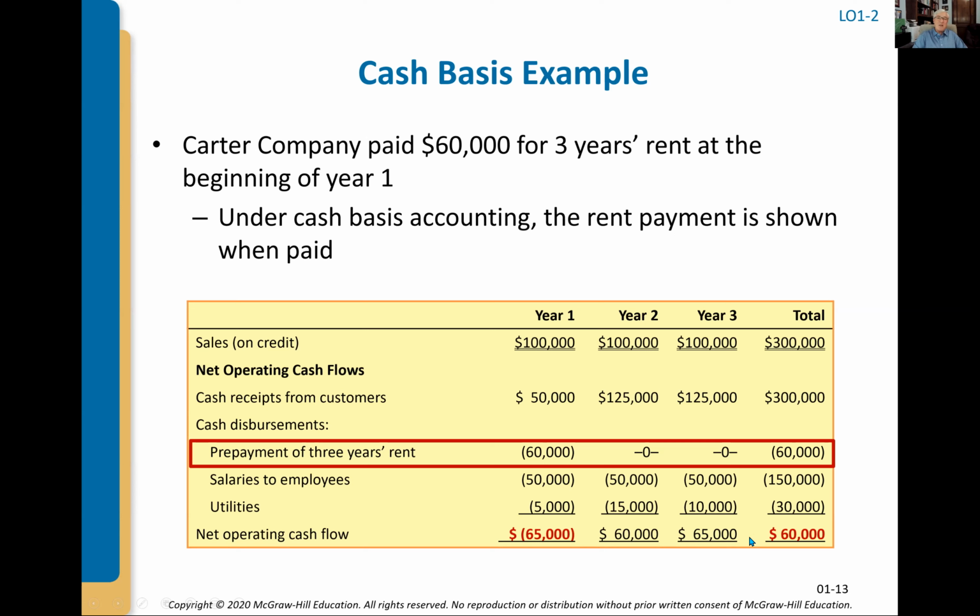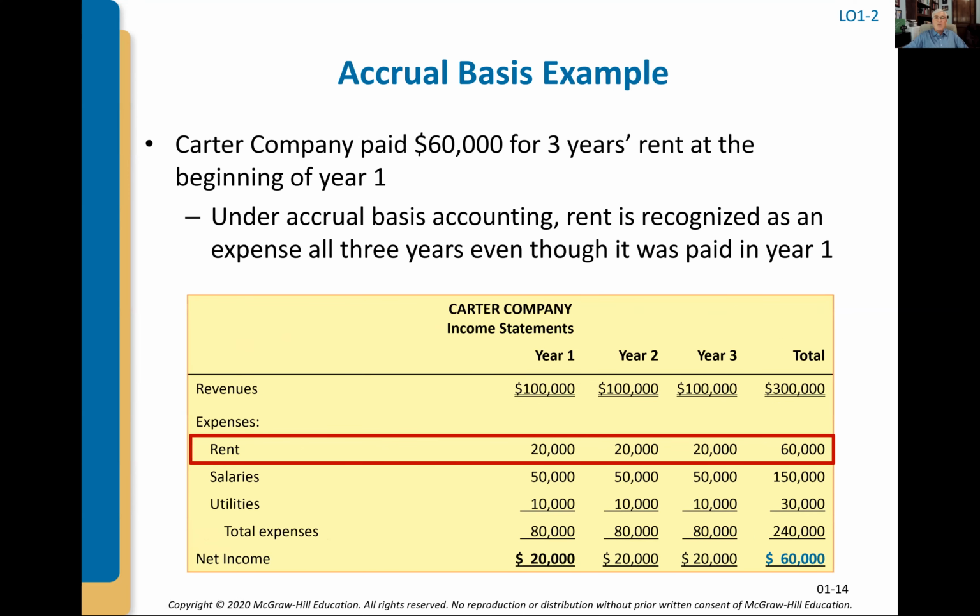So that's cash-based accounting. Now look what we do in accrual-based accounting. What we do, and we'll see this gets debited to prepaid expense, and we expense that $60,000 over each year, the year that we're using it. So there's a matching, if you will, of the cost of that rent with the revenues that we produced with that rent.